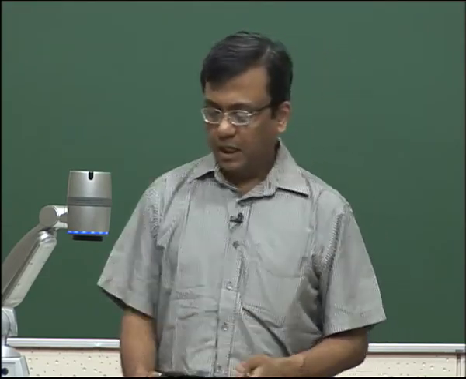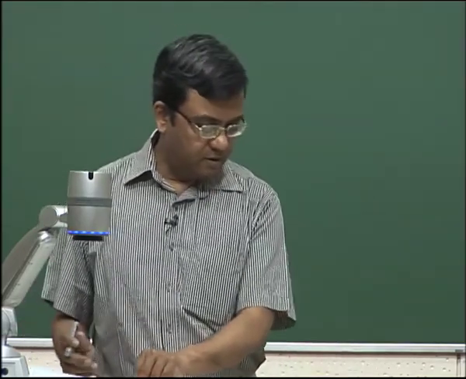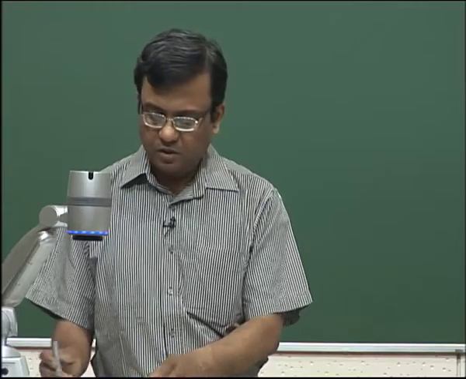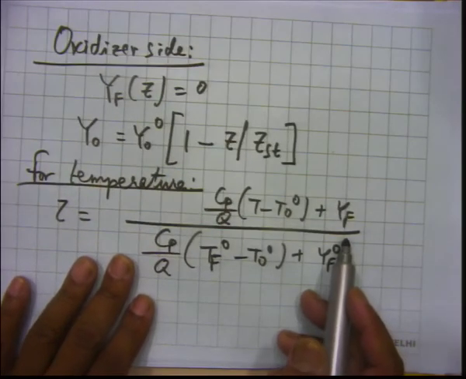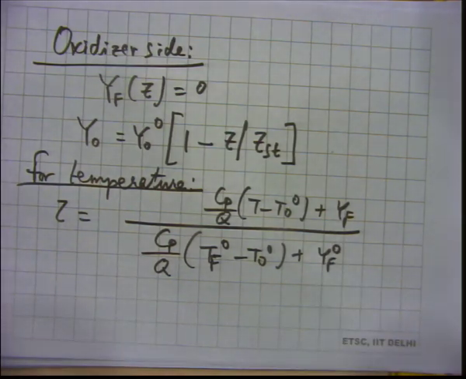Okay. Now we are running out of time, so as I told you, you have to use this expression and apply various conditions like no oxidizer on the fuel side, no fuel on the oxidizer side. You can bring in all these and also use Z stoichiometric as 1 over 5 plus 1. Then you will get expressions for temperature.